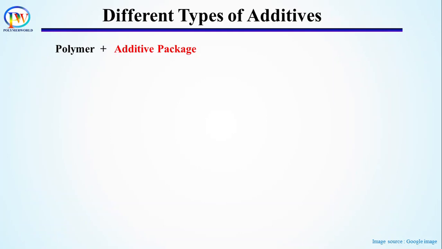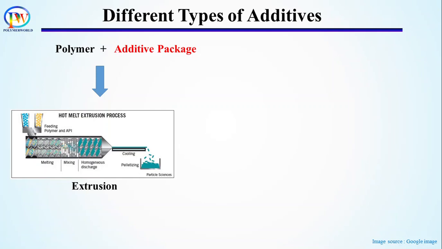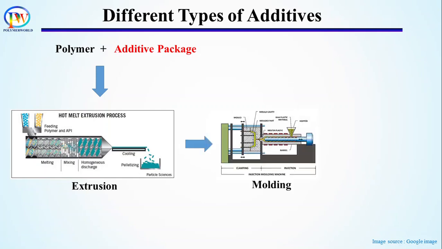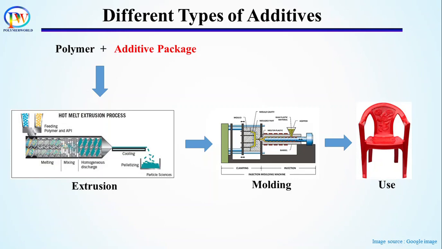Then the mixture of polymer and additive package is extruded to prepare a formulated resin, which is then molded to form the desired product. Additional additives can be added during the molding process or post-production process. But for simplicity, let's assume that all the additives are added through the additive package.